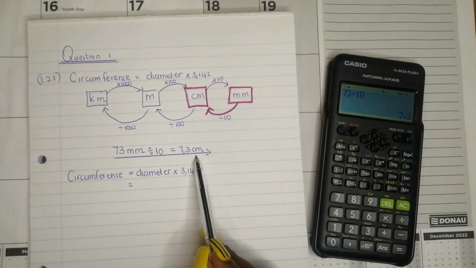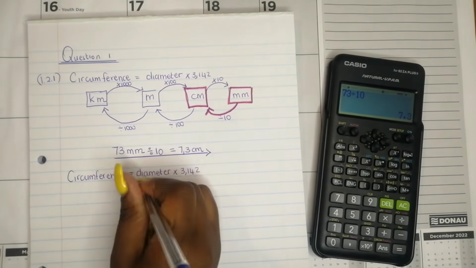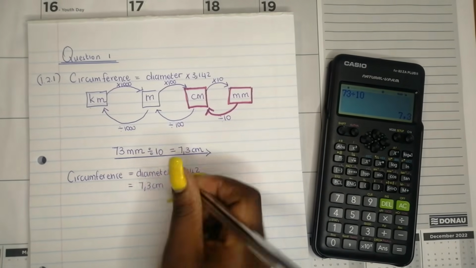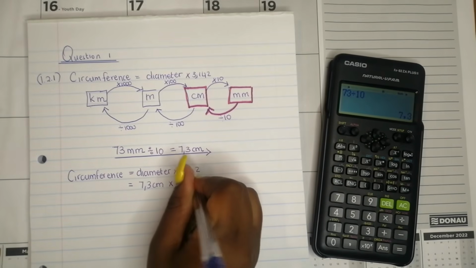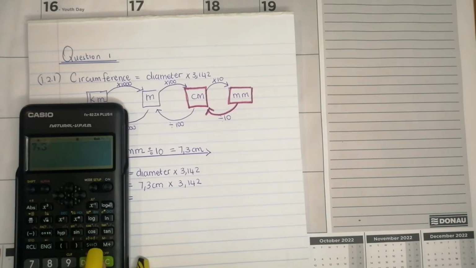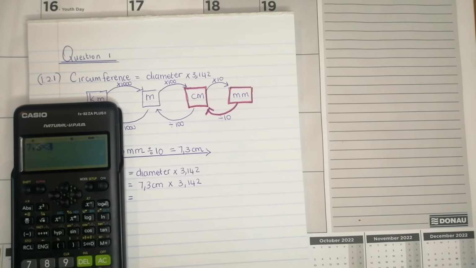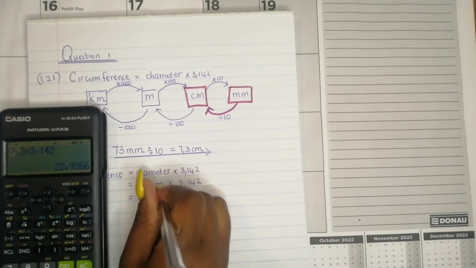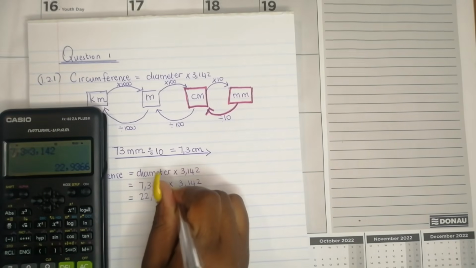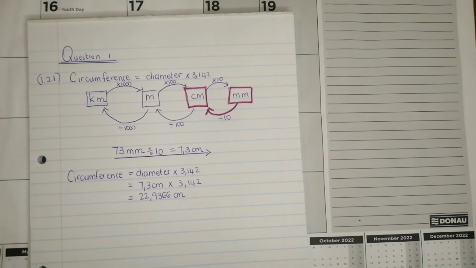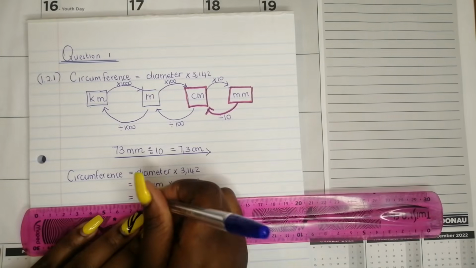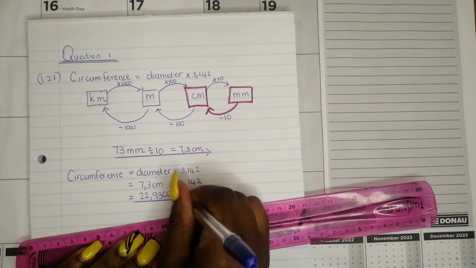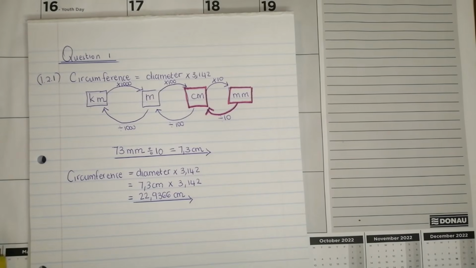So our diameter in centimeters is 7.3 centimeters multiplied by 3.142, which gives us a circumference of 22.936 centimeters, right? So that is our circumference, 22.936 centimeters. Okay, but we're not done.